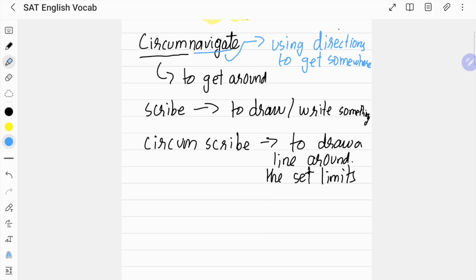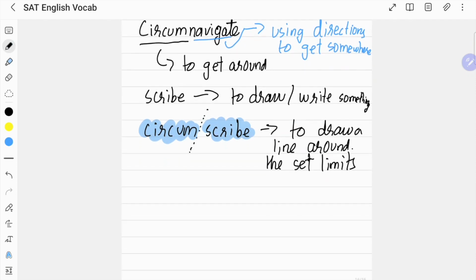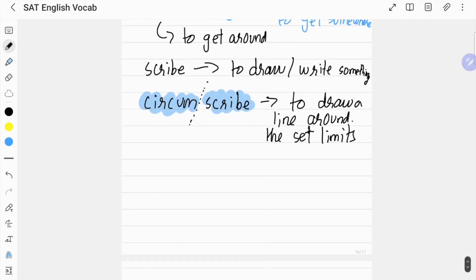So here the word circum is one root word and scribe is another root word. Alright, and this can be broken down like that. Alright, another word which we can use, circumvent. Here we already know the meaning of circum, but the meaning of vent.